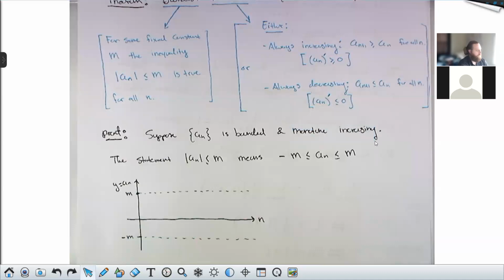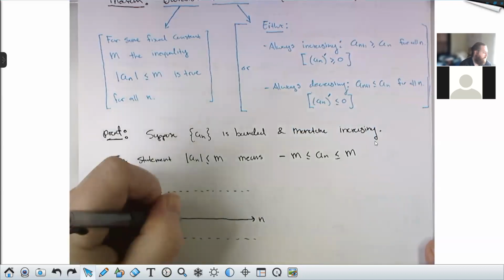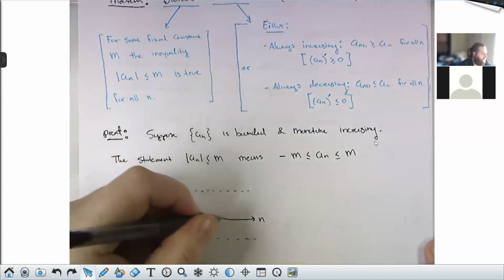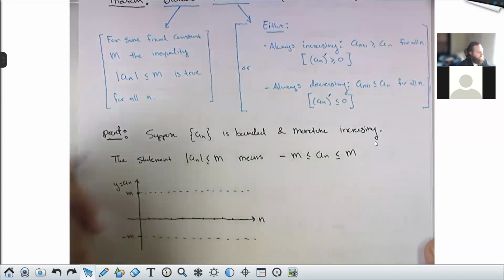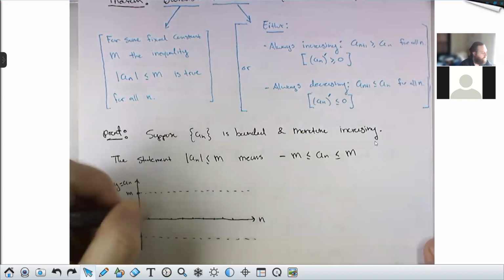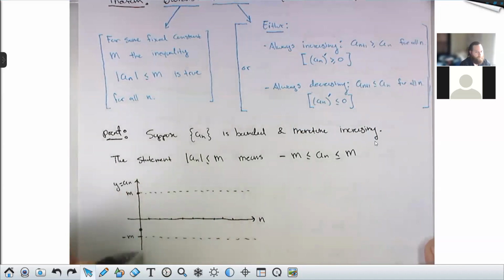The other thing that we're assuming here is that this is a monotone increasing sequence. So, okay, let me just start trying to draw the graph of an arbitrary monotone increasing sequence that is trapped in this window, and see if you can't start understanding why such sequences must converge. Maybe a_0 is down here or something. Can't be below this because I'm not allowed to go through that floor because I'm bounded.